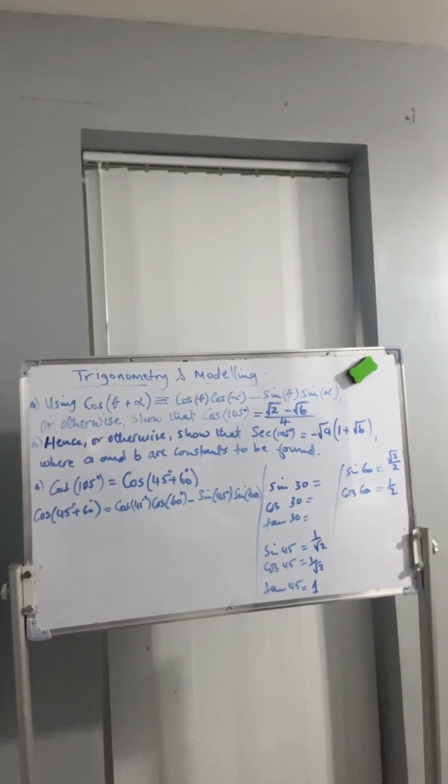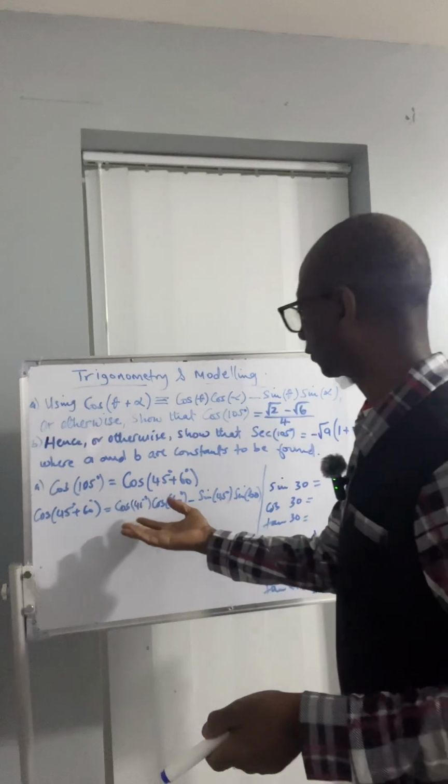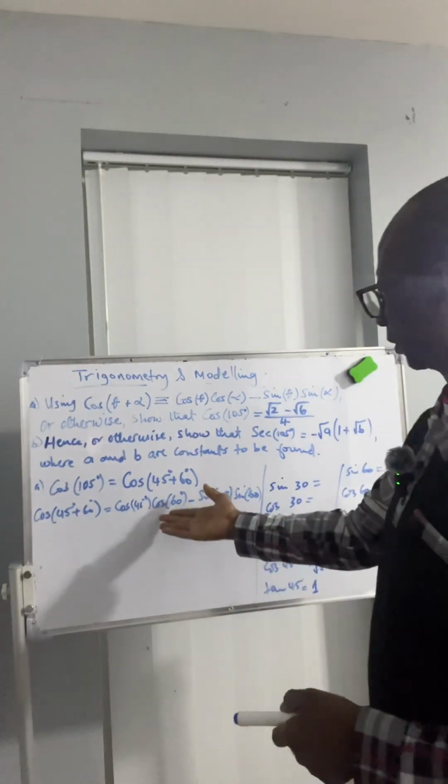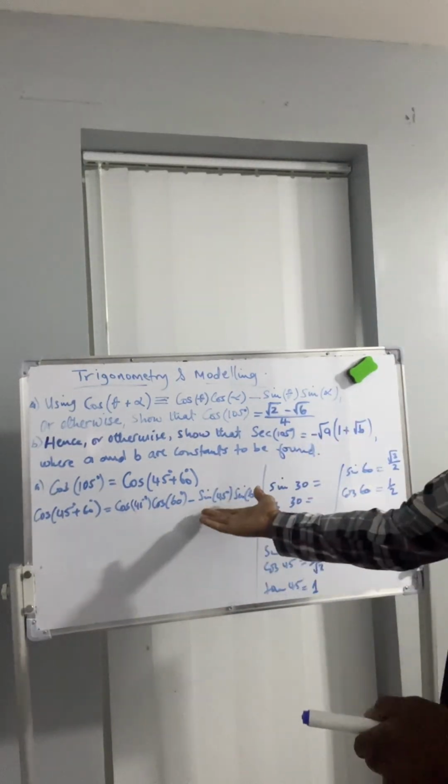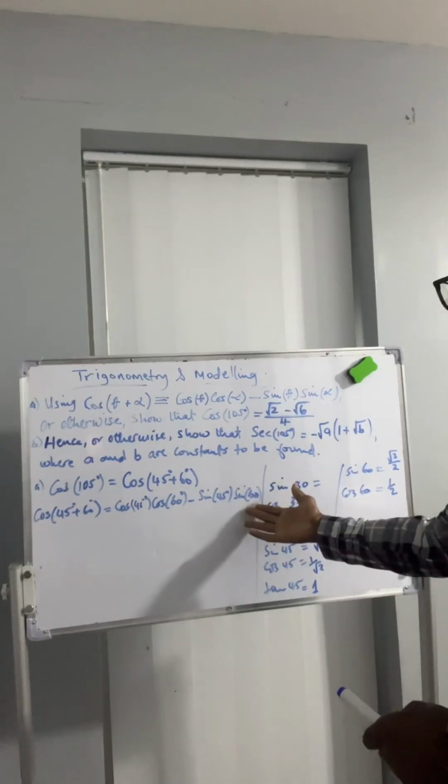This is what you have. Now we know what cos 45 is. We know what cos 60 is. We know what sine 45 is. We know what sine 60 is.